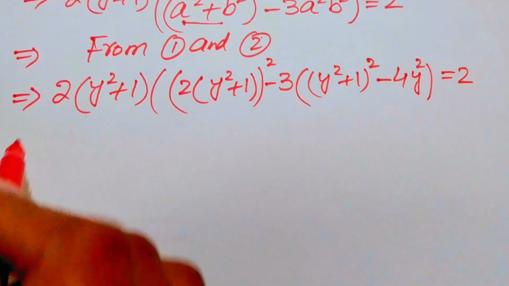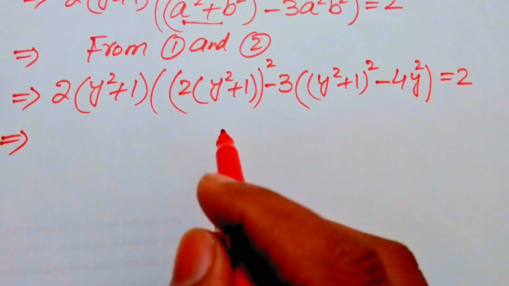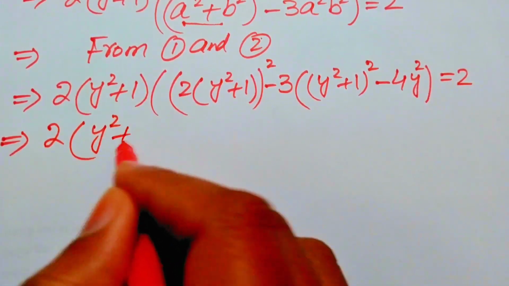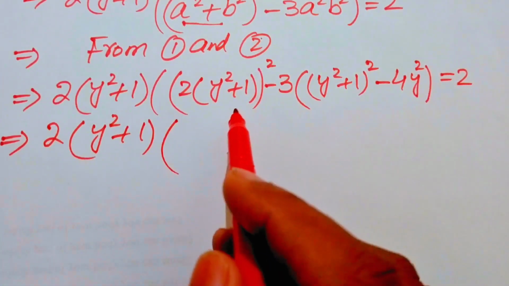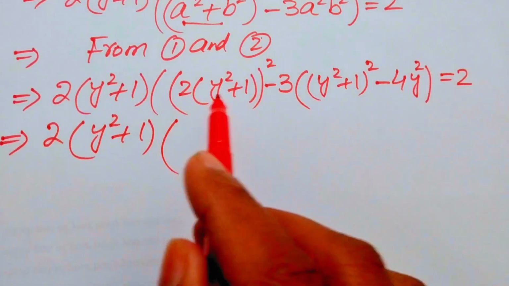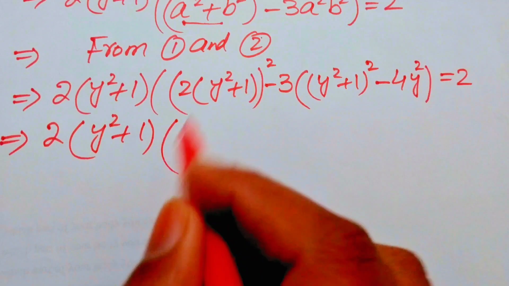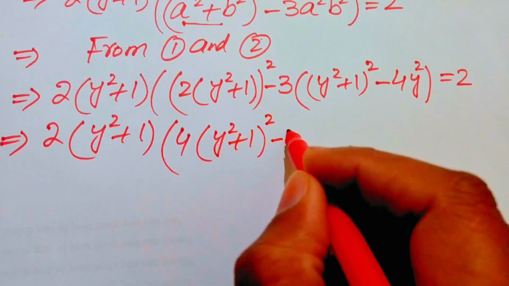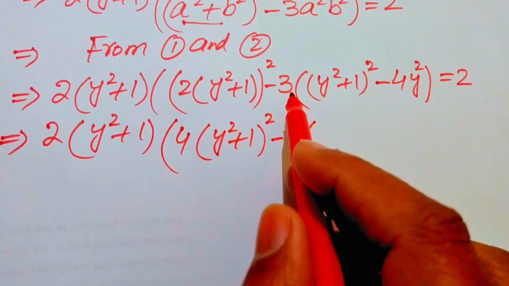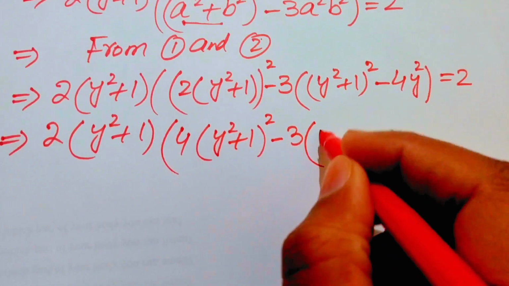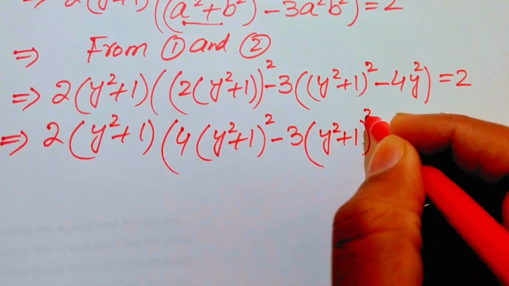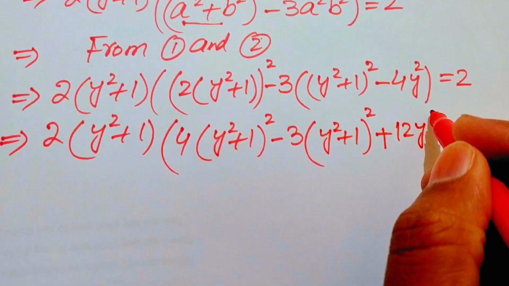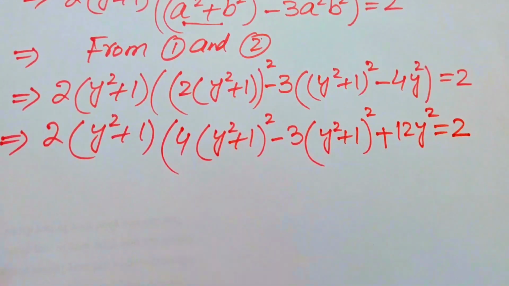So now in the next step we need to simplify the terms, and we write it as 2 times (y square plus 1) into, if you focus on this expression, we have 2 times (y square plus 1) whole square, so it will equal 4 times (y square plus 1) whole square minus 3 times, we multiply this 3 on both of these terms, and we get 3 times (y square plus 1) whole square, and plus 3 times 4 is 12 times y square equals 2.